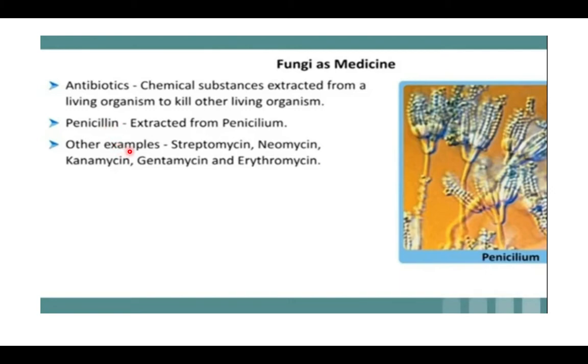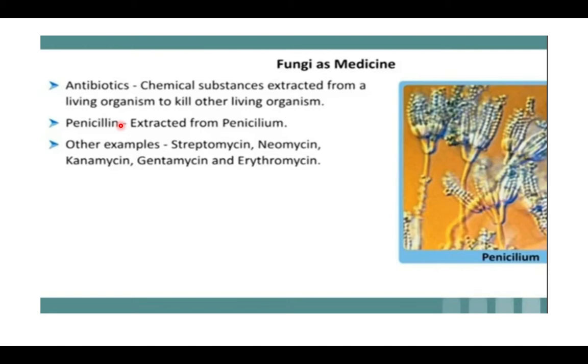Some more examples of antibiotics are streptomycin, neomycin, kanamycin, gentamicin, erythromycin. All these are antibiotics. Whenever you are sick, you will go to the doctor. So sickness or disease is caused especially by microorganisms only, right? If microorganisms develop in the body, if they have gained entry into the body, they grow well and affect our cells.